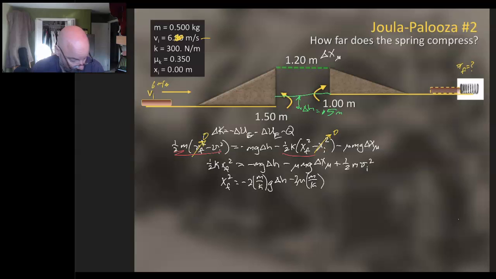Oh, there's a 2 on there. Yep. Delta x mu. And the 2 cancels my half. I still got that weird m over k term.